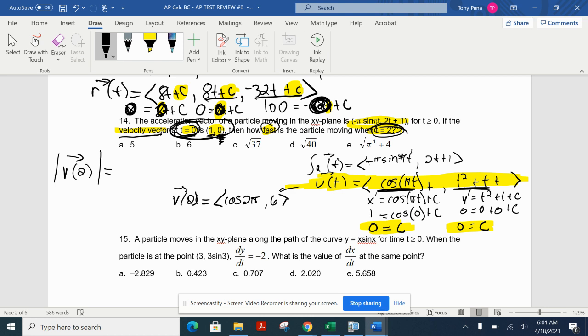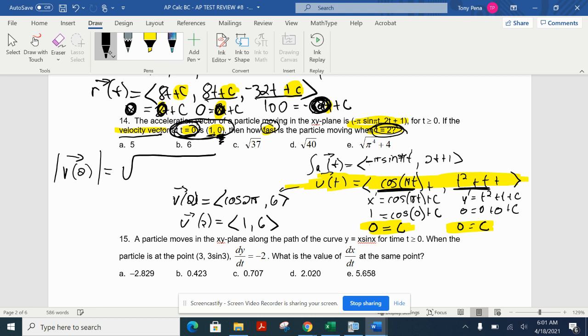That's our velocity vector at that time. Cosine of 2 pi is the same as cosine of 0, which is a 1. So now that's our velocity vector, 1, 6.